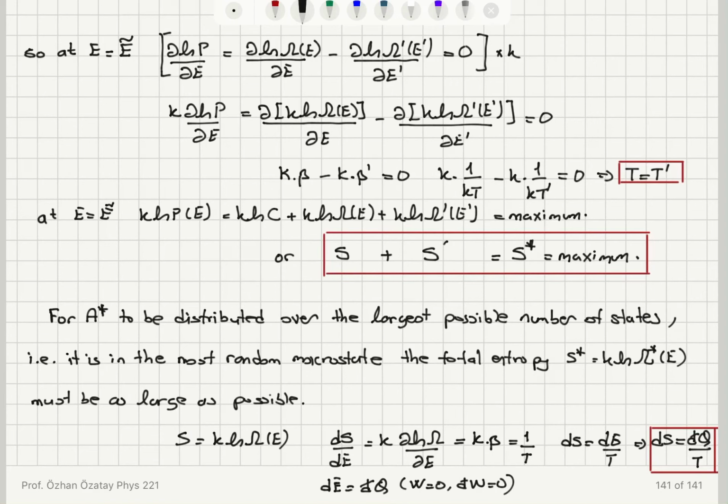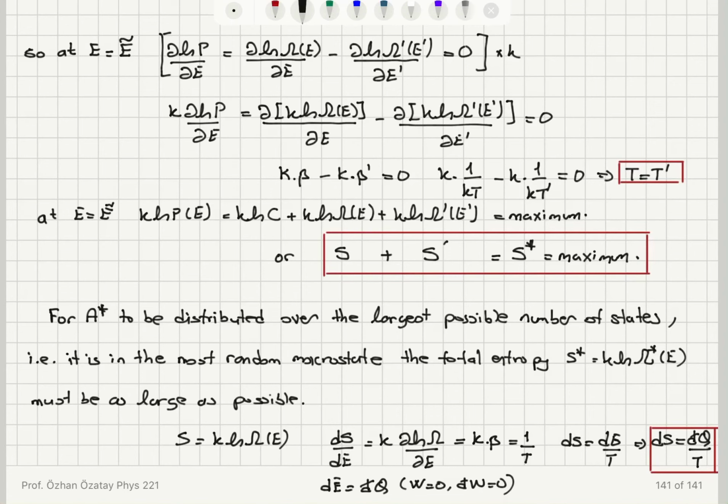So when E is equal to E tilde, the maximum probability point, we have this equation del ln P del E equals 0, and looking at this equation I realized that the maximum point corresponds to beta equals beta prime, or absolute temperature T of the unprimed system equals temperature T prime of the primed system. So equilibrium corresponds to the same absolute temperatures.